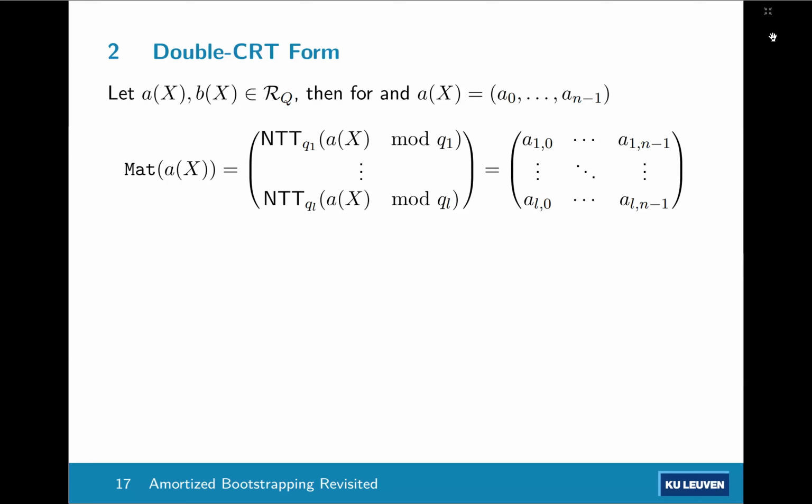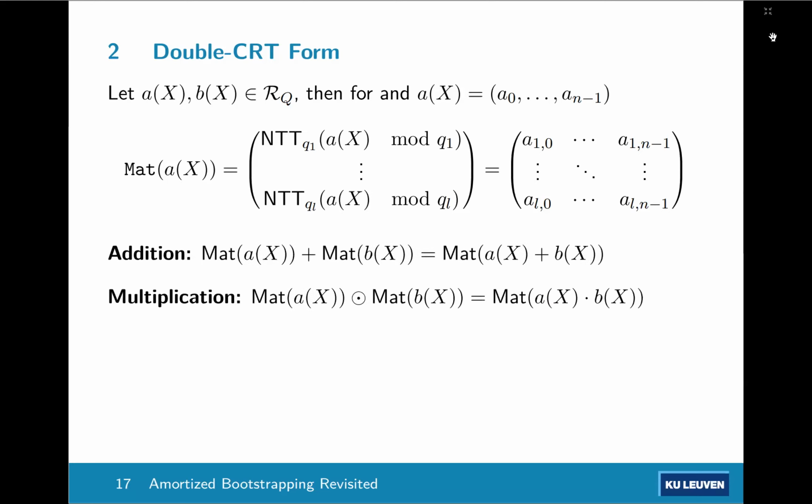This matrix does preserve the homomorphic operations that we are looking for, because addition and multiplication are now just pointwise addition and pointwise multiplication of the matrices.